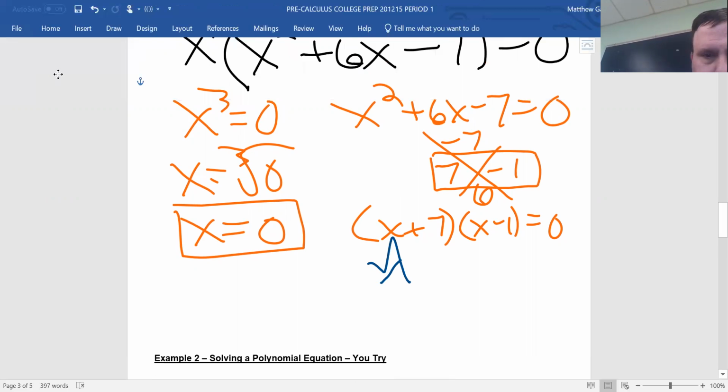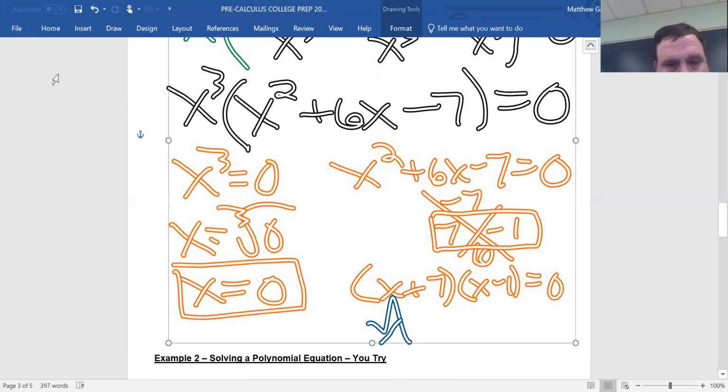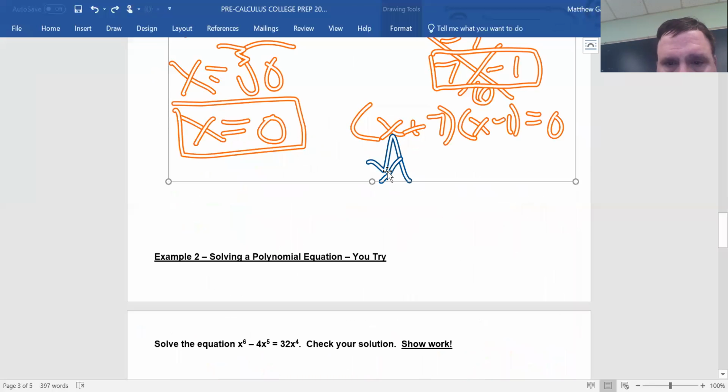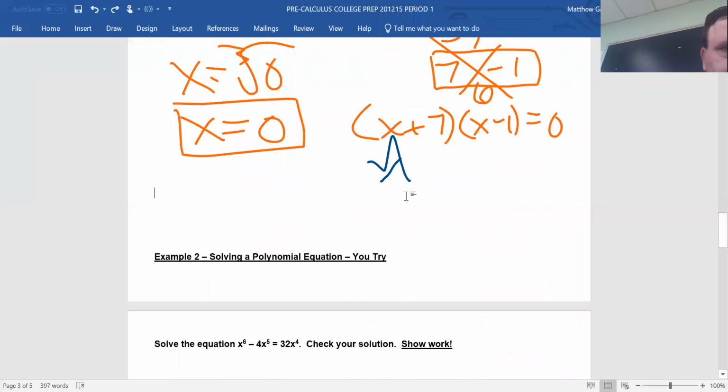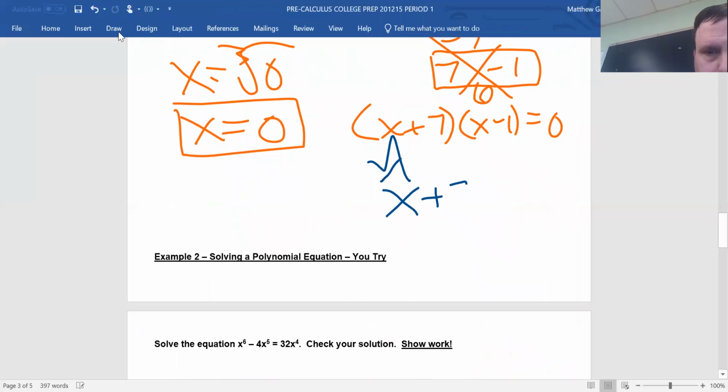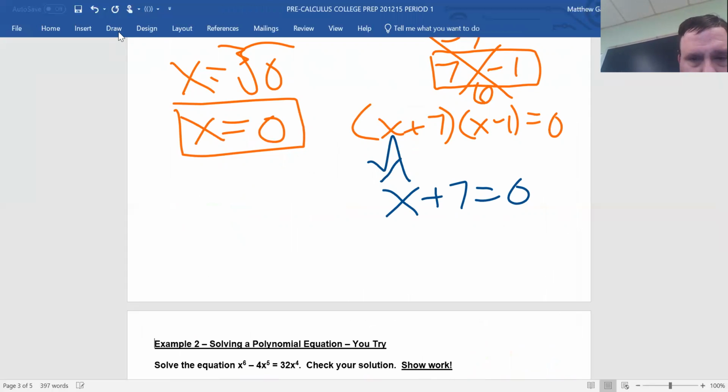Just erase this. I want to start over here. So the two other solutions should be -7 and +1.